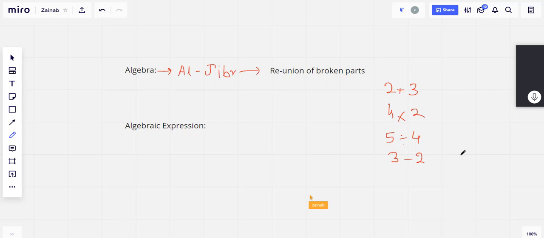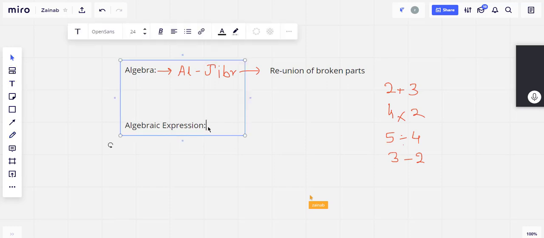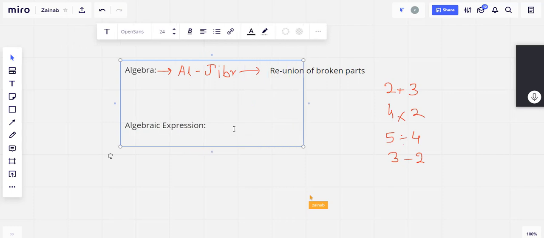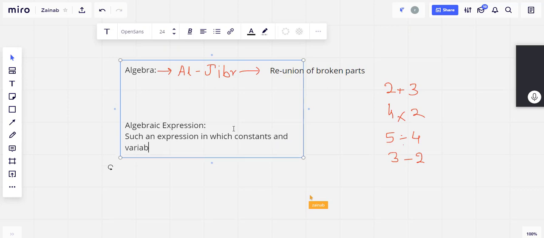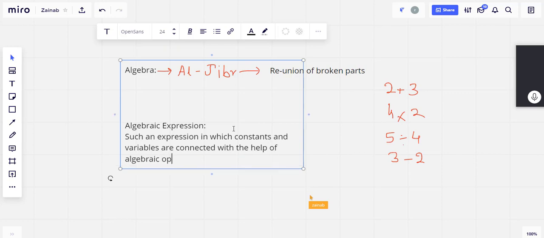So what's an algebraic expression then? We can define it like this: such an expression in which constants, and we will discuss what constants are, and variables are connected with the help of algebraic operators, or we can say terms.